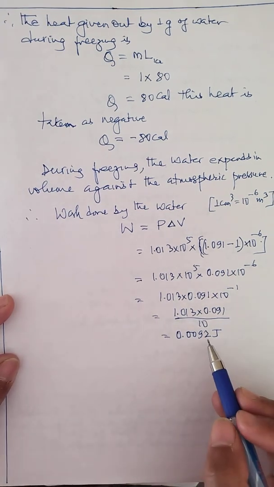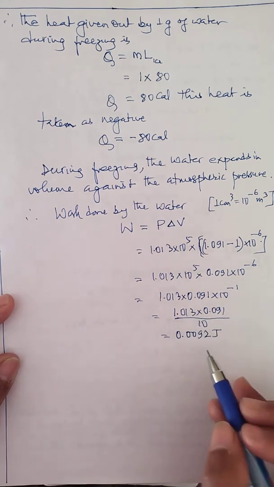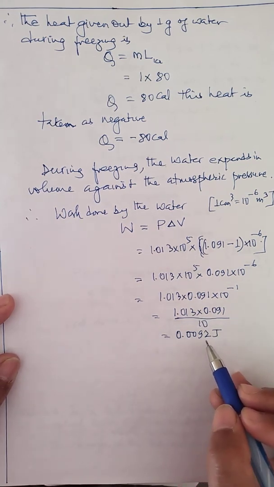So this is the work done by the water, 0.0092 Joule.